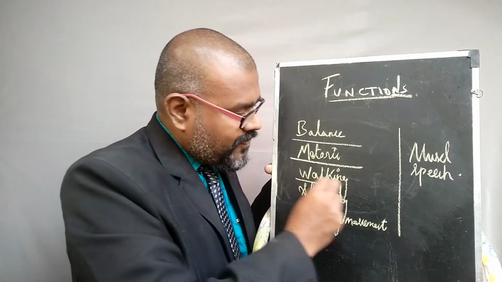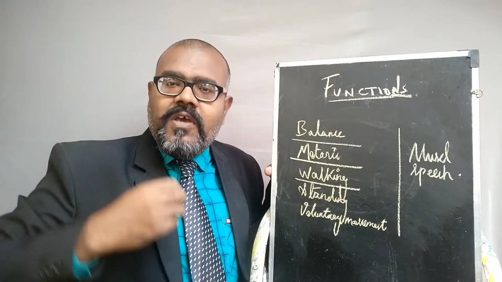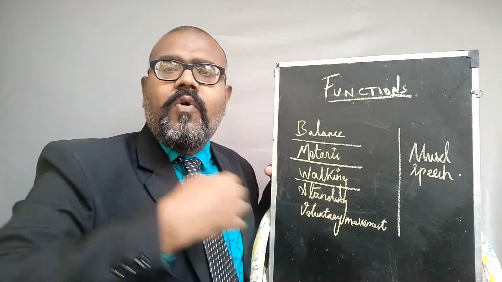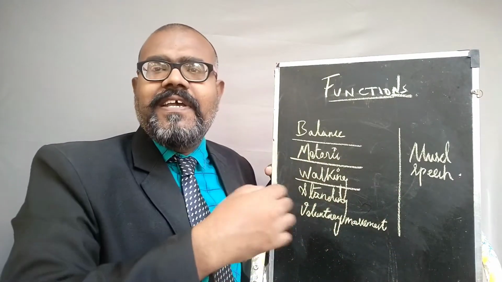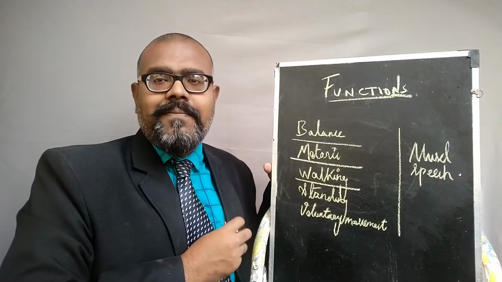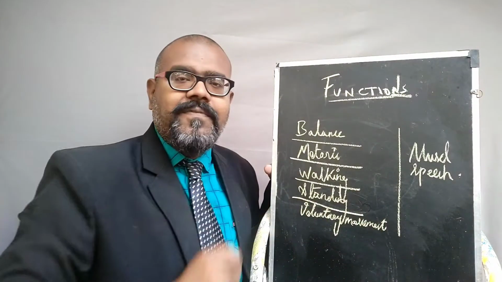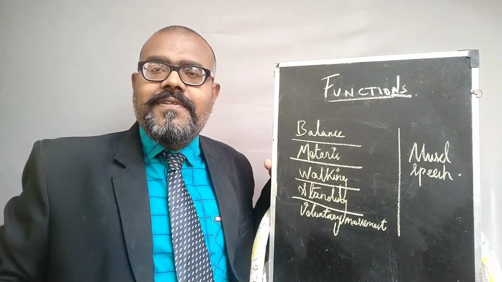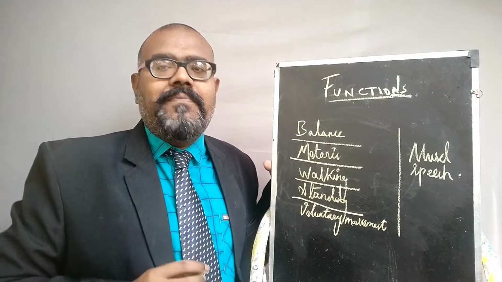Then walking. If you are going to walk higher, or walk at speed, all of this is controlled by your cerebellum. Then standing, not only walking. If I am standing here like this, this is the instruction coming from the cerebellum.